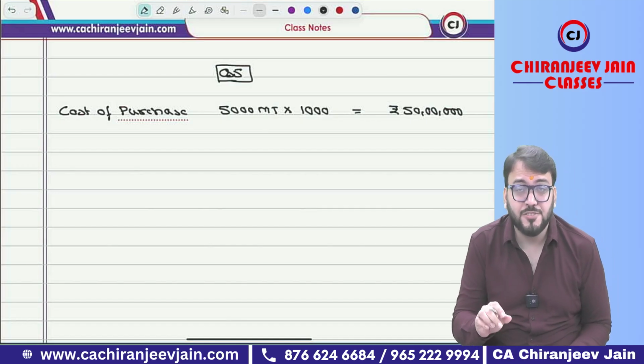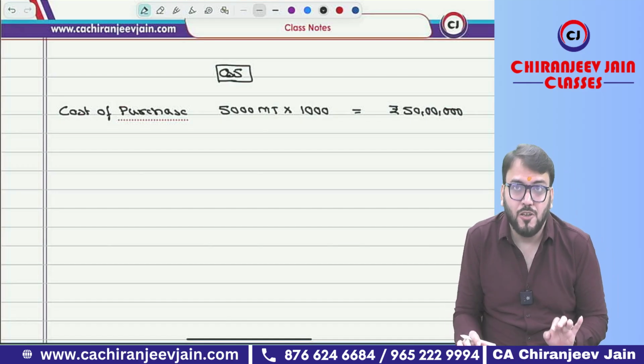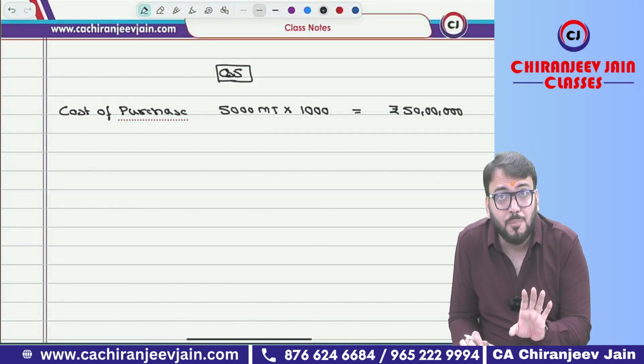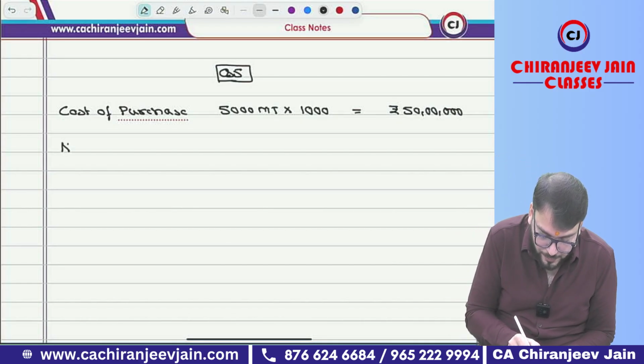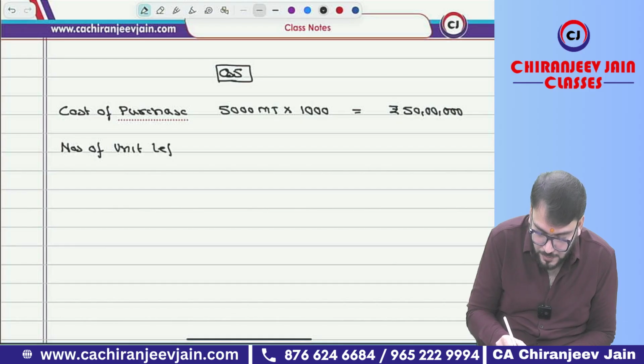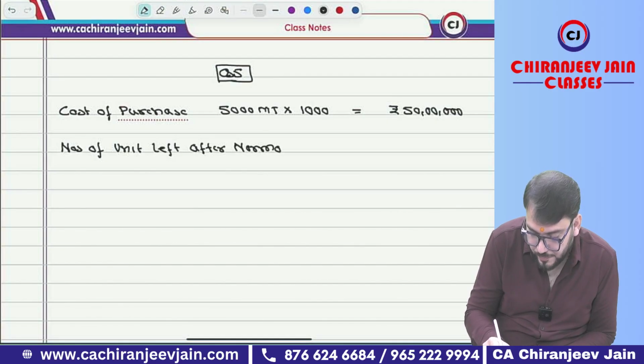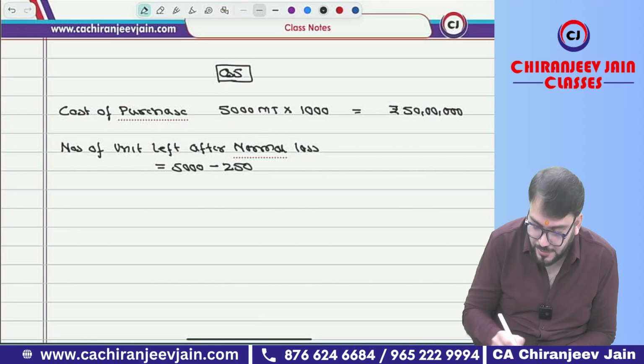Now we'll divide by number of units. Number of units purchased after normal loss. So they purchased 5000, but what is the normal loss? Minus 250. Number of units left after normal loss will be 5000 minus 5%, we can say 250.